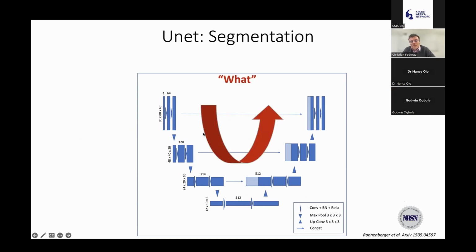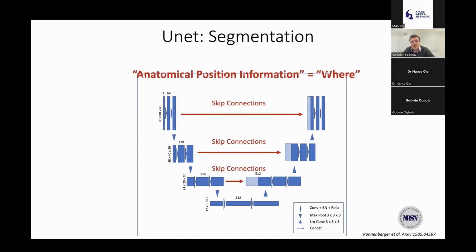And so the structure of the UNet is like this. Basically that's why it's called a UNet, it's looking like a U. The deeper you go, and I try to explain this by saying that this is the what of the image, and the skip connection is somehow the where.